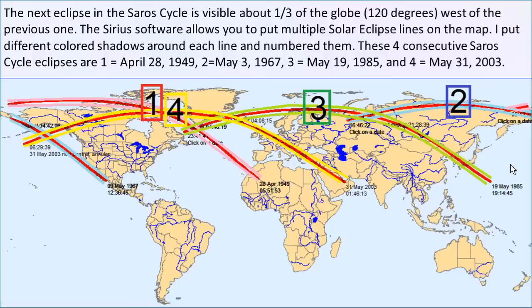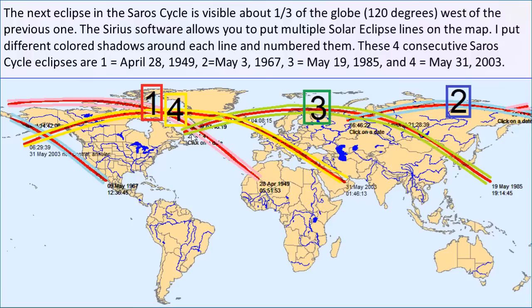What we see here is the central line, the center of that area. It actually covers a fairly large area where you can see it, but in this red curved line, the center of the path is where it's most visible.